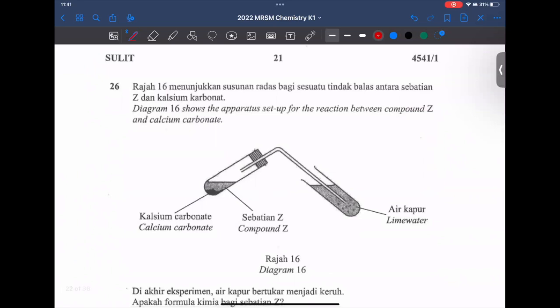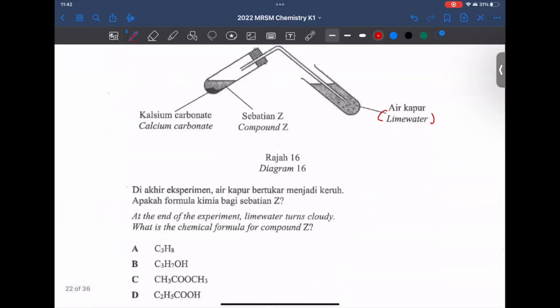26, diagram 16 shows the apparatus set up for the reaction between compound Z and calcium carbonate. I would say that this one will definitely be an acid reacting with calcium carbonate because it says here there's a lime water test, so most likely it will turn cloudy. So at the end of the experiment, lime water turns cloudy, right? What's the chemical formula for compound Z?